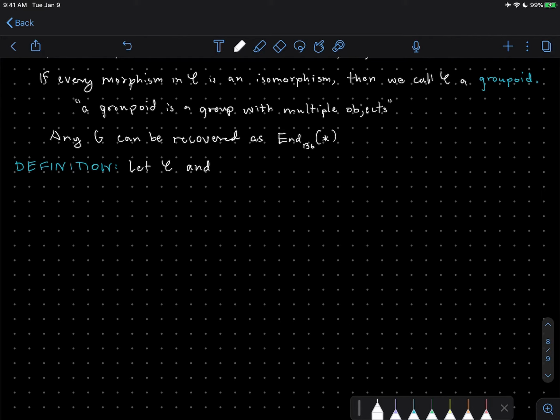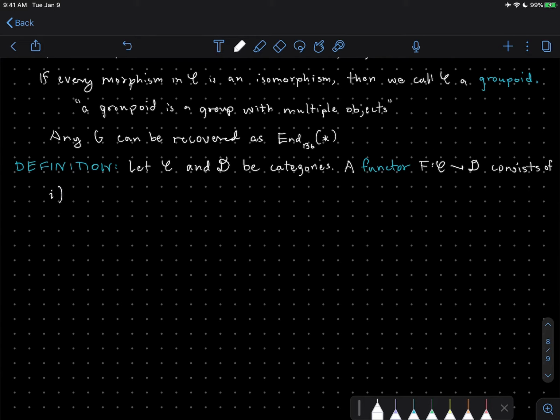Oops. That wasn't very clear. There we go. Let C and D be categories. A functor, get all your dirty jokes out right now. A functor F from C to D consists of, first of all, some data.